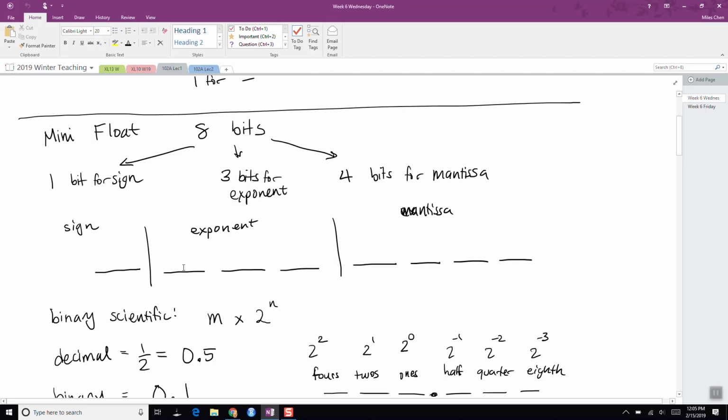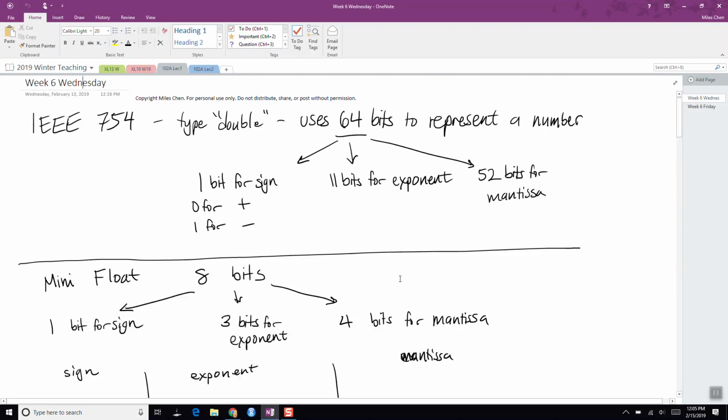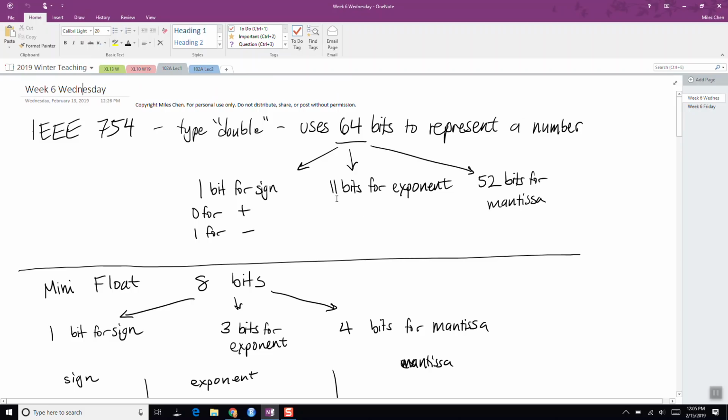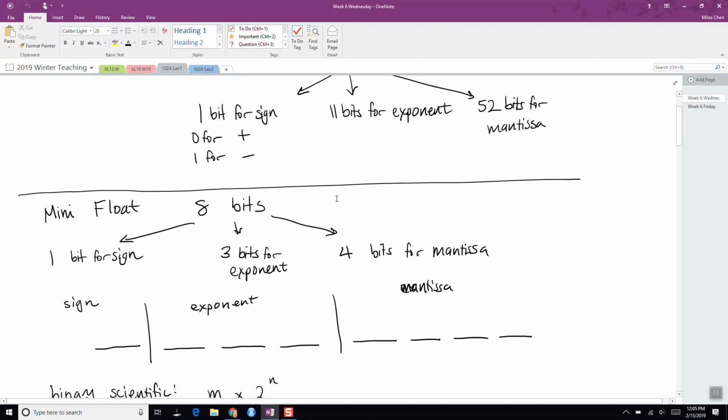We have 1 bit for the sign, 3 bits for the exponent, and 4 bits for the mantissa. Even though it's just a small version of this type double 64-bit thing, we can see a lot of similarities, and also some of the unusual things that can result.